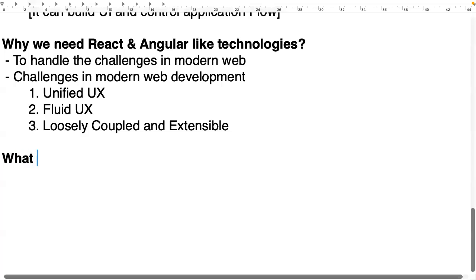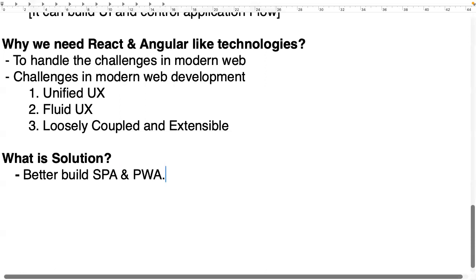That means now the question, what is the solution? So the solution is to build single page applications and progressive web applications. This is the modern generation. That means the current generation is not working on traditional web applications.